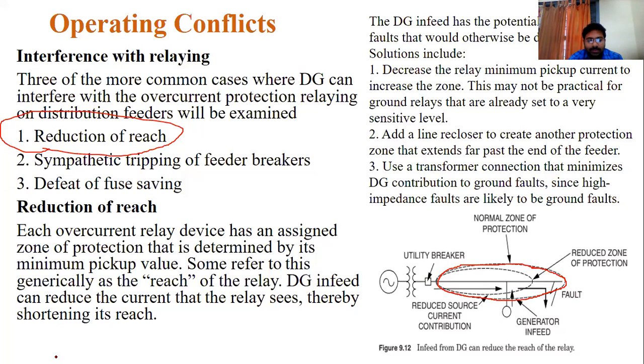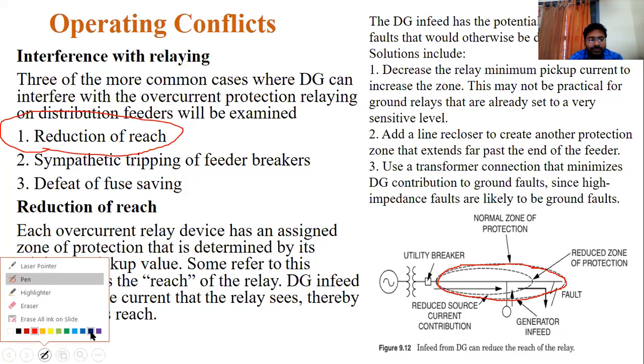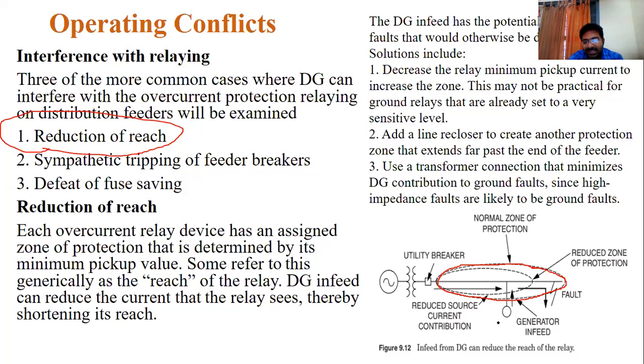Because of adding some DG into the system, the current measuring capability of the relay is reduced.